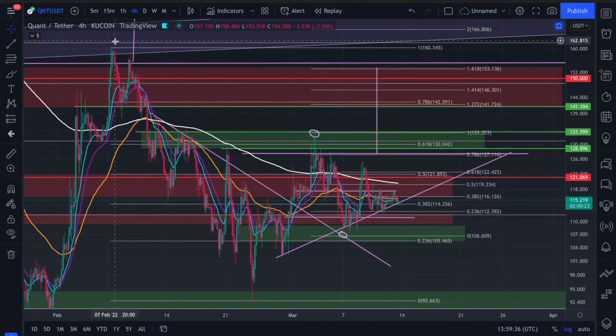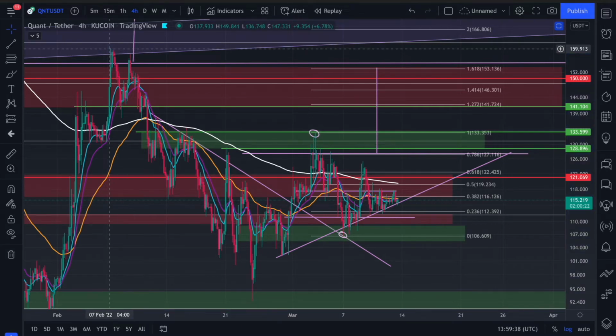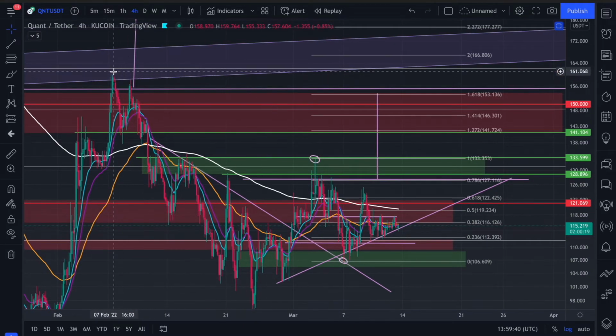So very positive sign. So that's why I know if we do get above this green box, we actually are coming back to this high, and this is at 156, 160.